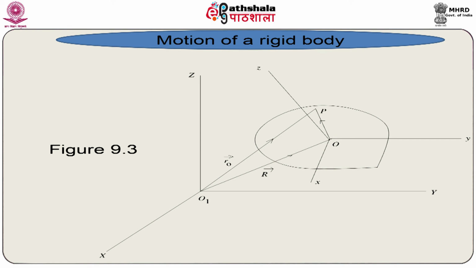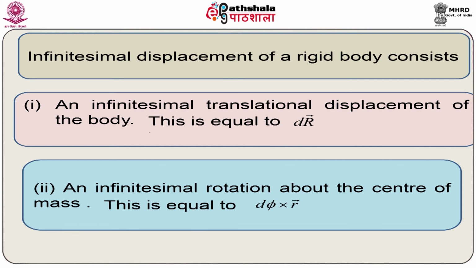We take the position of the origin O at the center of mass of the body. Generally, we take it. The infinitesimal displacement of a rigid body consists of 2 parts. First one, an infinitesimal translational displacement of the body, whereby the center of mass moves to the final position with the direction of the body axis system remaining unchanged, and this is equal to d capital R vector.